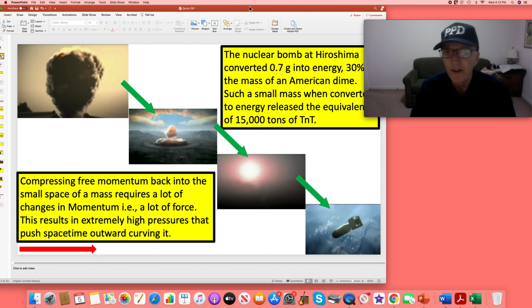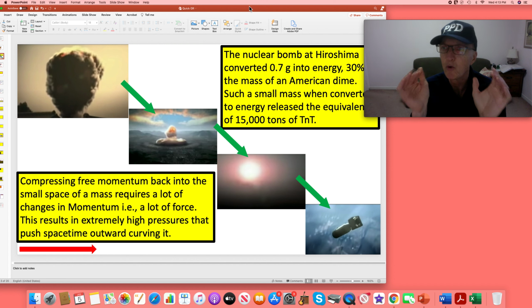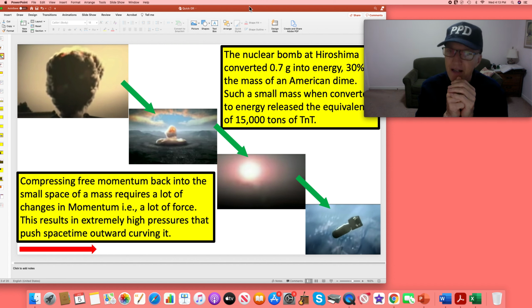It converted 0.7 grams into energy. Now, 0.7 grams is about 30% the mass of an American dime. And such a small mass, when converted to energy, released the equivalent of 15,000 tons of TNT.